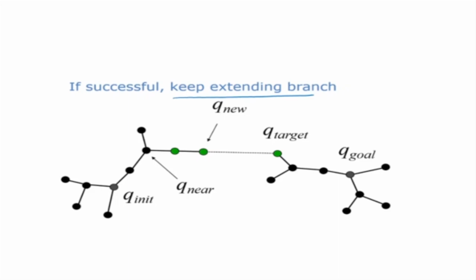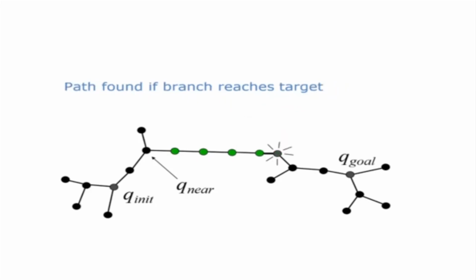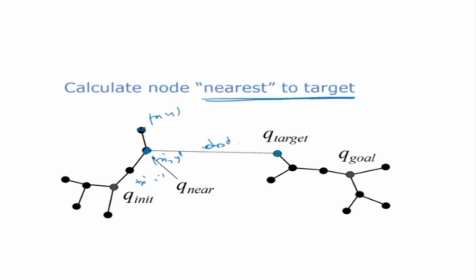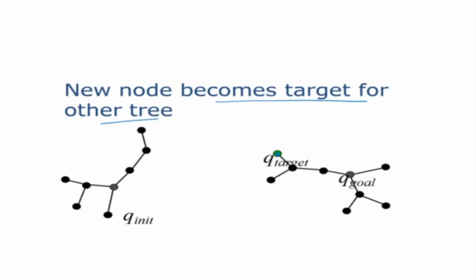So what we are doing is making these new nodes from the target and putting these new Q news such that ultimately it hits the Q target. Finally we have made the connection. If I go back over this process, this is my Q target, I need to identify which is the nearest node in terms of distance.